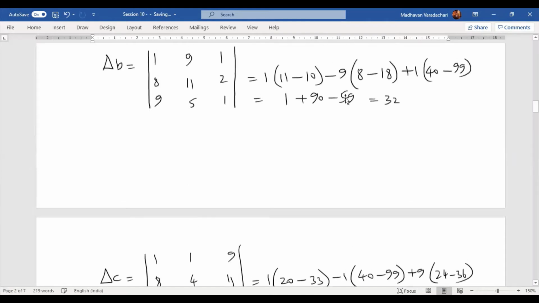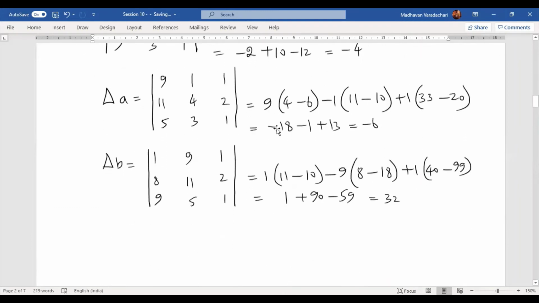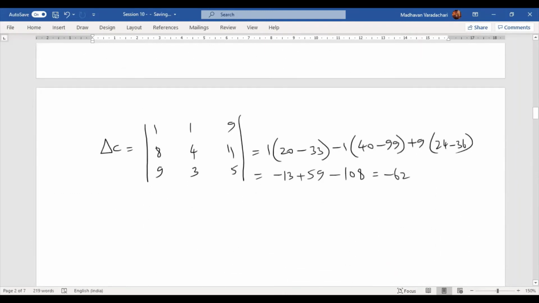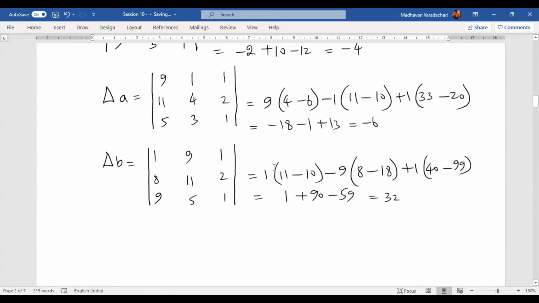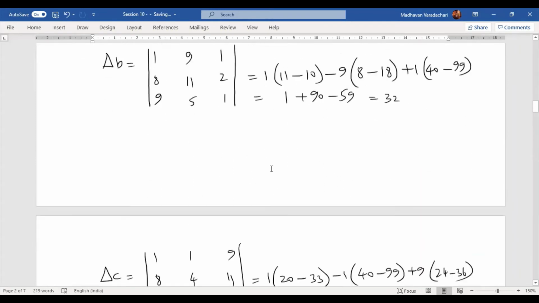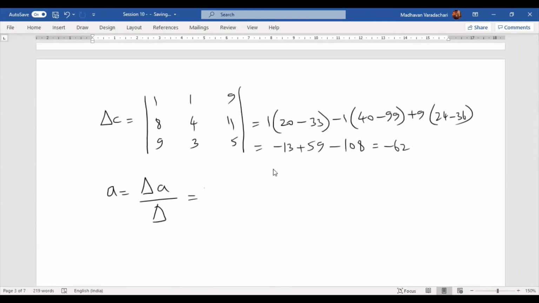Now that we got delta A, delta B, delta C, and also delta, let us evaluate what a is. a is delta A by delta. Delta A is evaluated as minus 6 and delta is minus 4. Minus 6 by minus 4, which is 3 by 2, or I can say 1.5. Then b is delta B by delta.